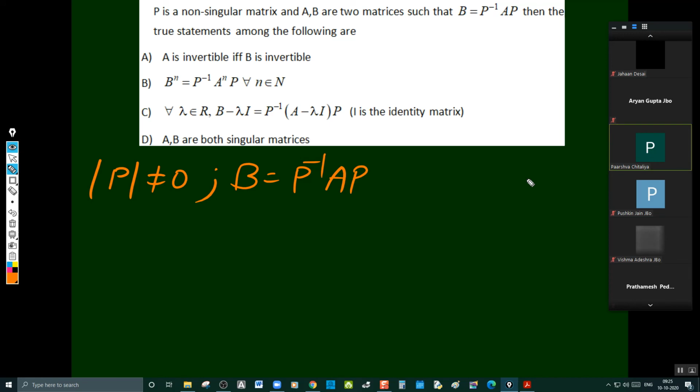Multiply by matrix P on both sides. Okay. Then you'll get PB is equal to AP. Good. Come on, follow that, please.